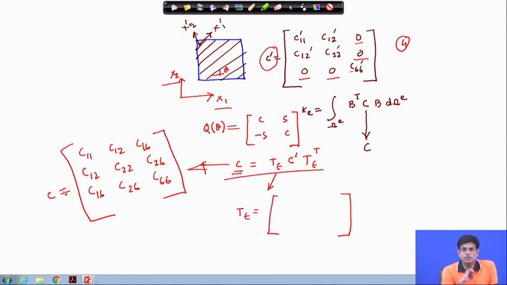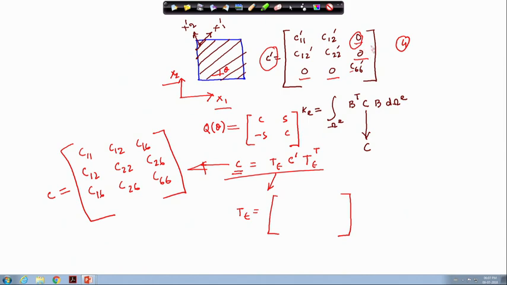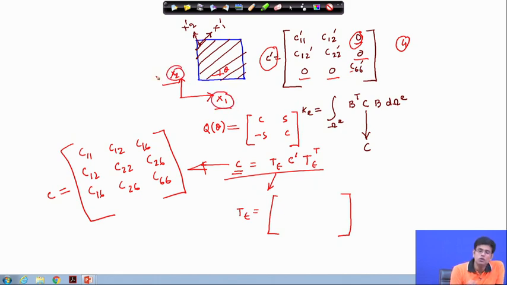So you see that the coupling coefficients which were 0 earlier, the 1/6 coupling coefficient, which is essentially the coupling of shear strain with normal strain, is not 0 in the transformed coordinate system, that is the x1 x2 or the structural coordinate system or the body coordinate system.